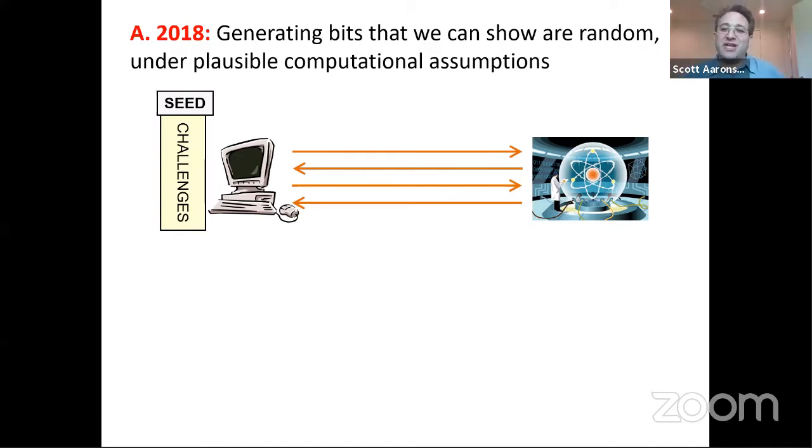Okay, so in particular, let's consider the problem of generating bits that we can show to be random under some plausible computational assumptions. Of course, if we believe quantum mechanics, then it is trivial to generate as many random bits as you want, using all sorts of quantum mechanical apparatus or radioactive decay or whatever.